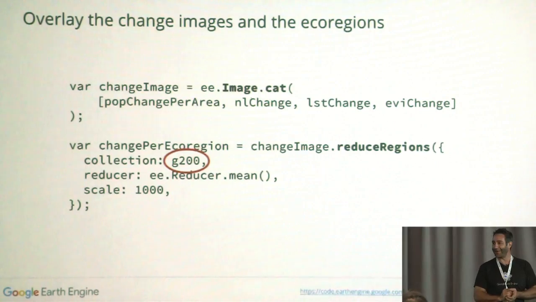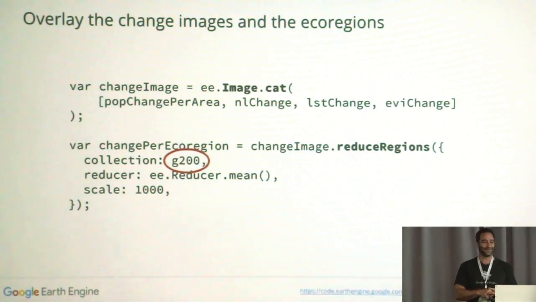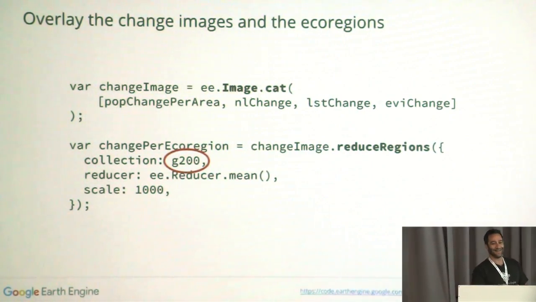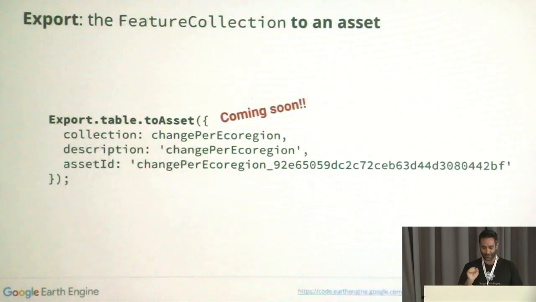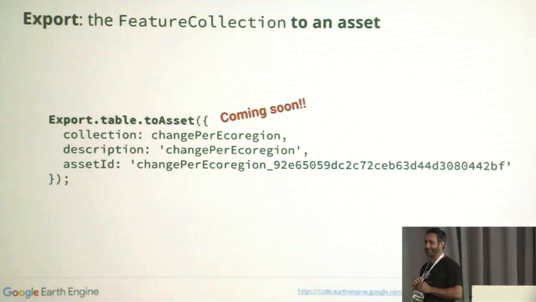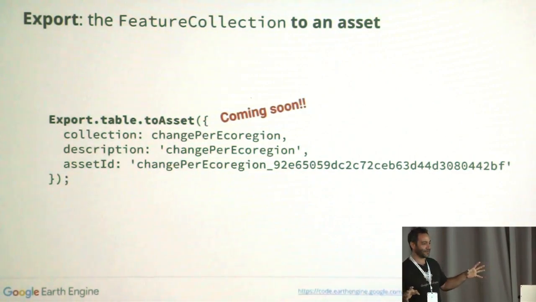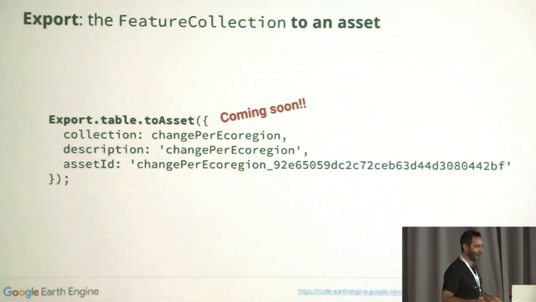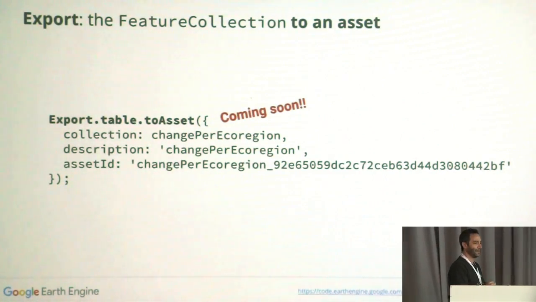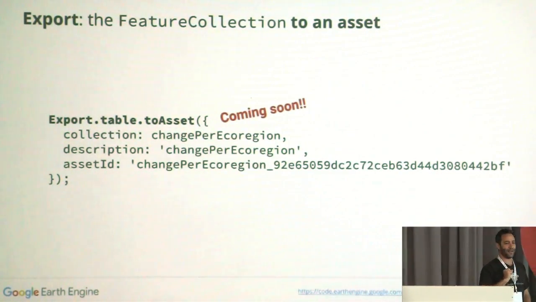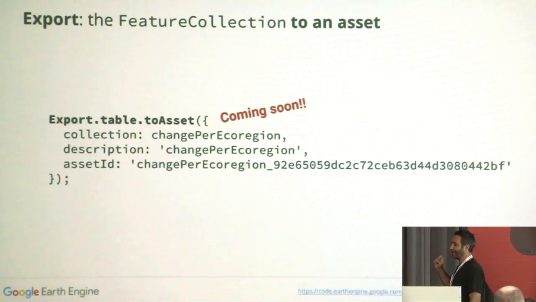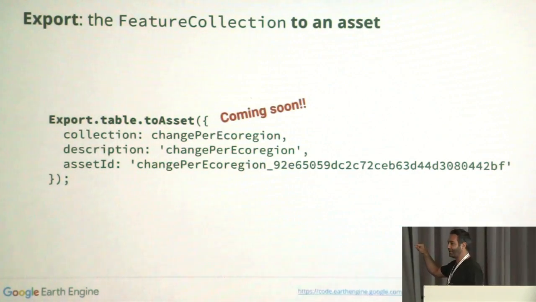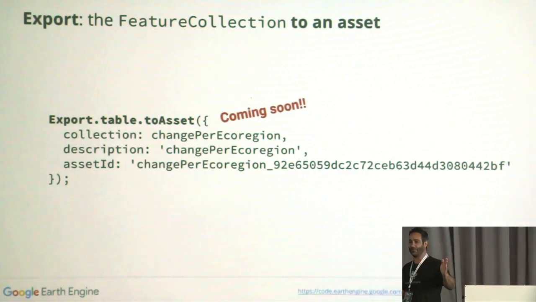How many people in here have had that error? Wow, okay. Let's say you have that error. Here's one thing that you will soon be able to do. You folks can already do this, but it's going to go to a KML file in your drive, and then you have to turn it into a Fusion table. We are going to short circuit that process as well and make it such that you can click export on the feature collection, and it will go directly to an asset.